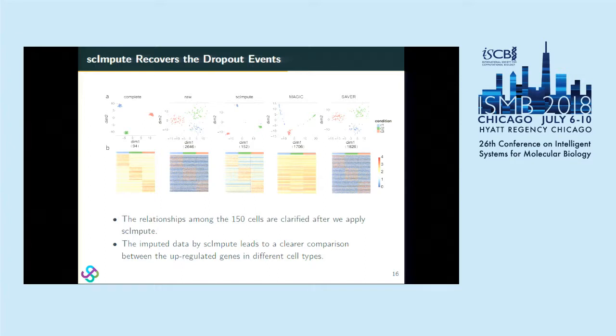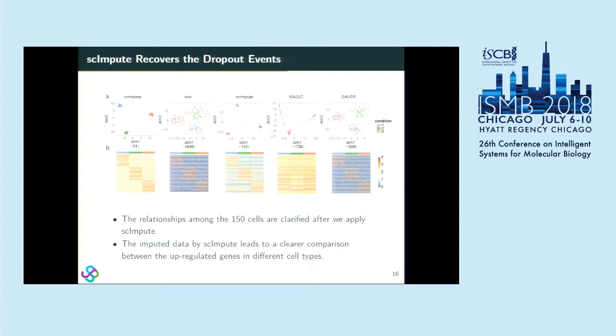So here, in the first row, I'm displaying the 2 principal components resulting from different data sets. The first column corresponds to the complete data before we introduce the dropout events, and we can see that the 3 cell types can be clearly distinguished. However, in the second column, after we introduce the dropout events, the relationships among these 3 cell types become less clear.